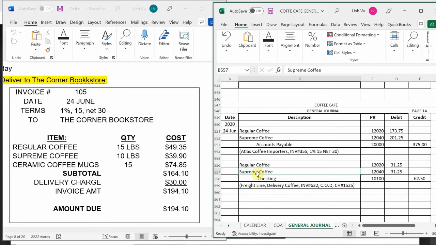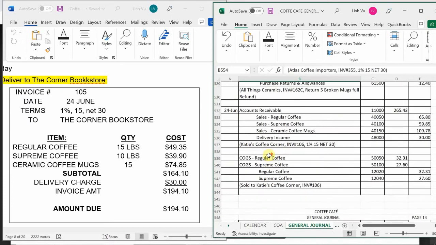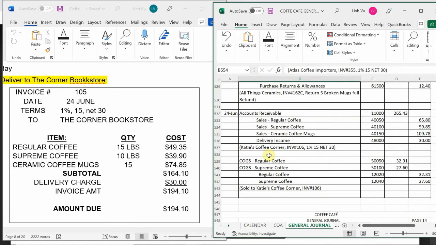You would be going into your subsidiary, putting in your delivery charge. Delivery charges, good. Sales for the ceramic coffee mugs. Yeah, so basically everything that's right here.